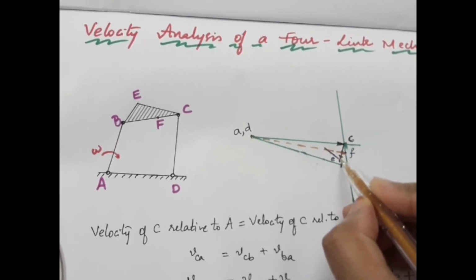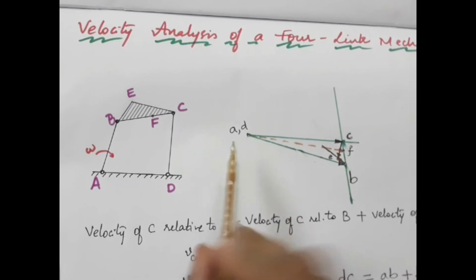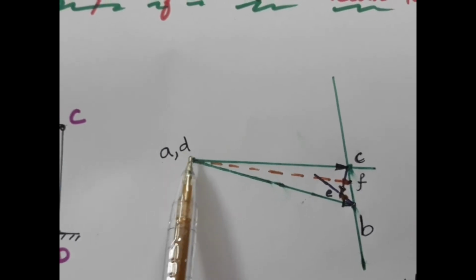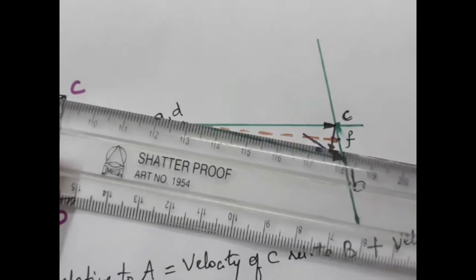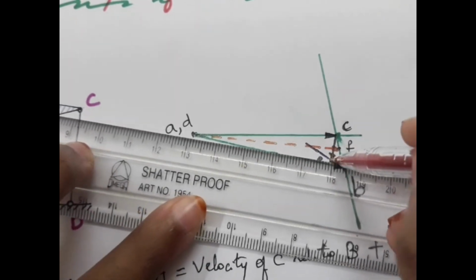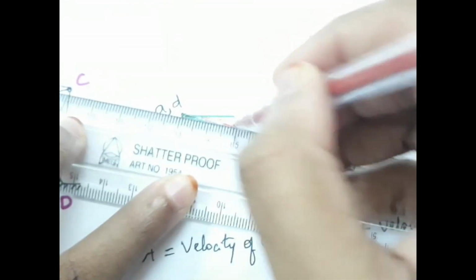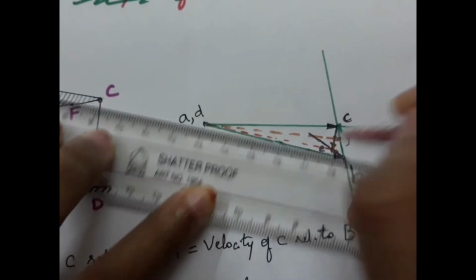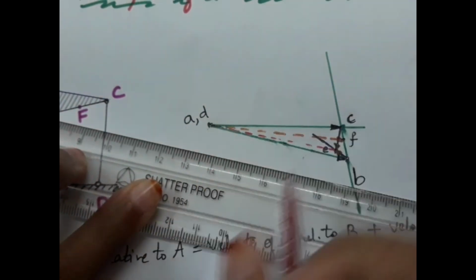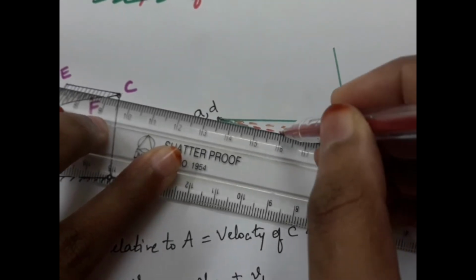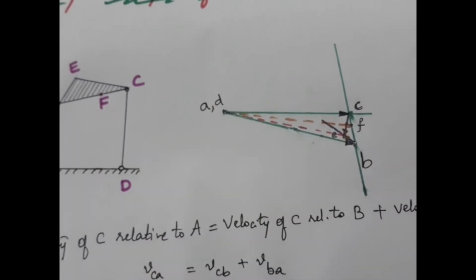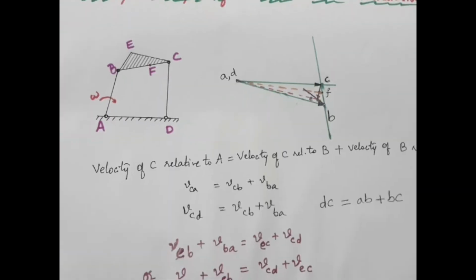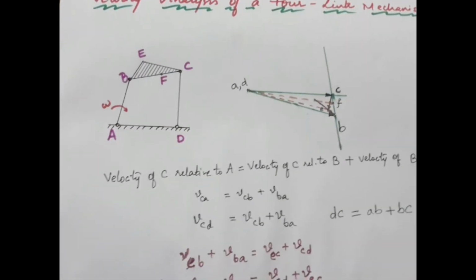The direction will be like this: A to B plus B to E will be equal to D to C plus C to E. To find the absolute velocity of E, we have to join point E with point A or D. Since this point is fixed, the vector joining A and E will be the absolute velocity of E with respect to A or D. So this completes our velocity analysis of a four-link mechanism.